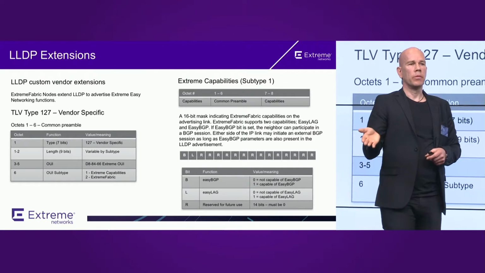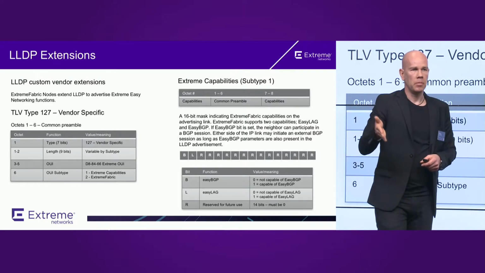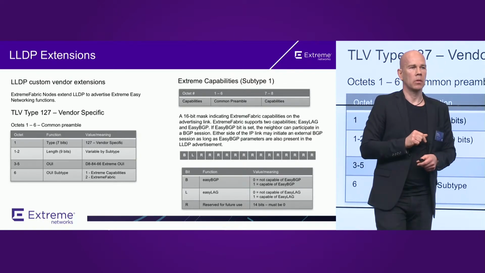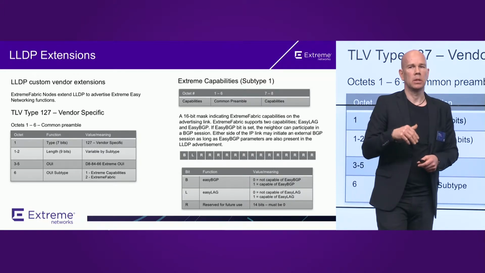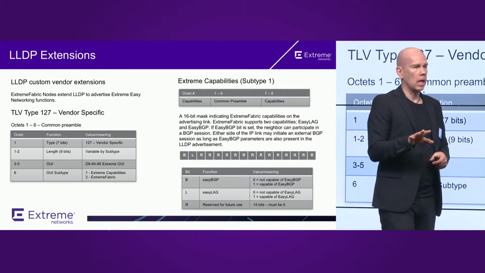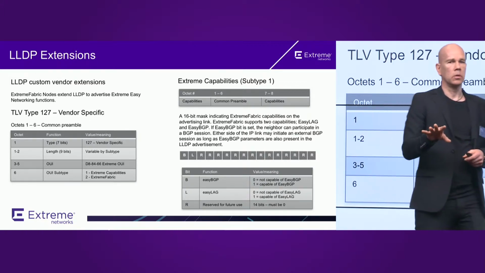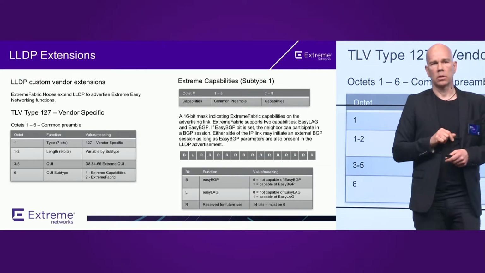If my neighbor doesn't have his EasyBGP bit set, obviously I'm not going to have that element participating in the fabric itself. It might have its EasyLag bit set, which means that it's going to signal an access connection.